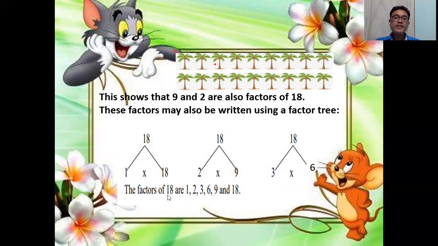Now, in writing the factors, we should write the numbers from least to greatest. As you have observed here, the factors of 18 are 1, 2, 3, 6, 9, and 18.